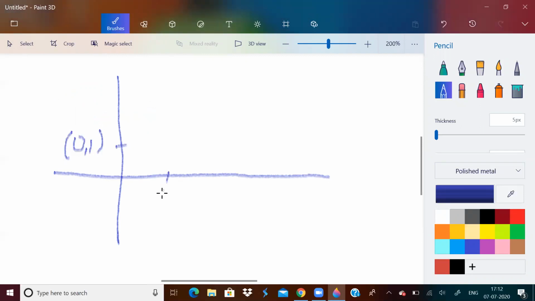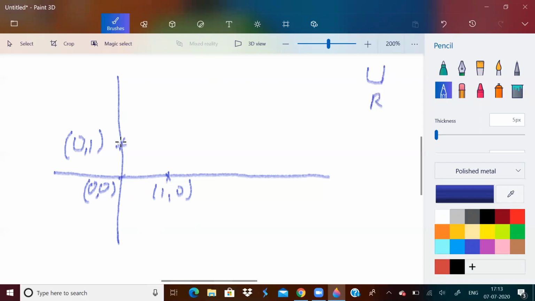Let us say this is 1, 0. And this is where the robot is, 0, 0. Now there is a package at this point and at this point. I can go up, I can go right, only these two are possible.